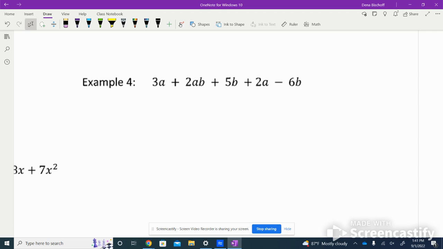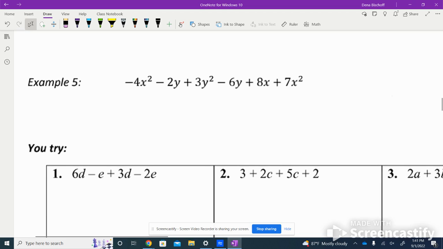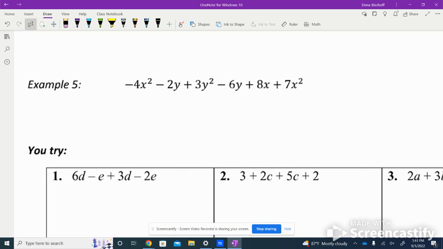Okay. Let's look at example number 5. Is there any term that has an x raised to the second power? 7x to the power of 2.